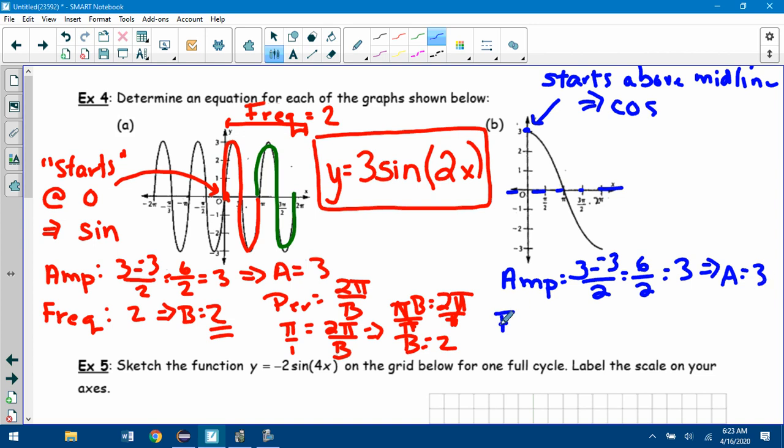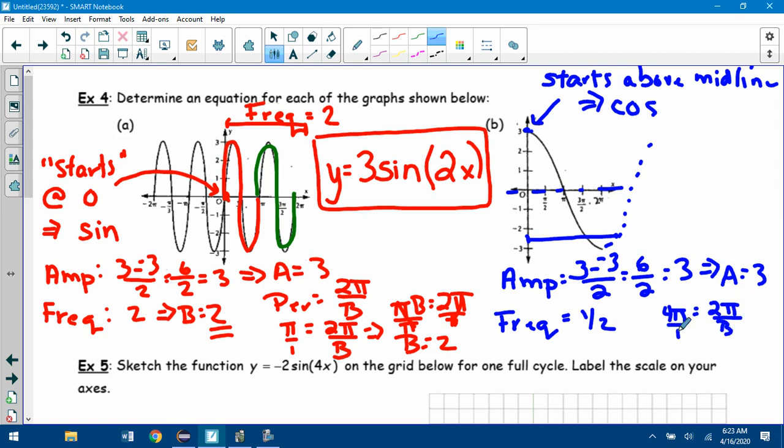What would the frequency be? How many cycles between 0 and 2 pi? Well, that's only half a cycle of cosine. Cosine keeps going like that. So the frequency is 1/2. Or you could say the full period would go to 4 pi. So you could say the full cycle is 4 pi equals 2 pi over b.